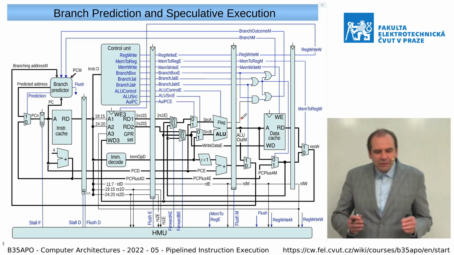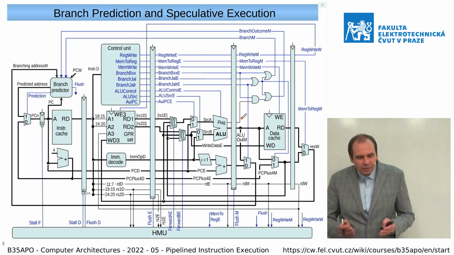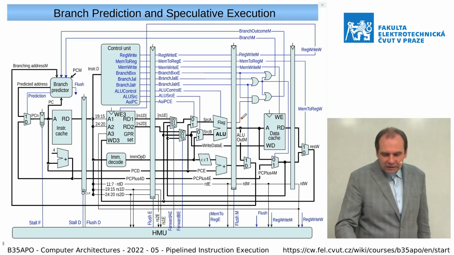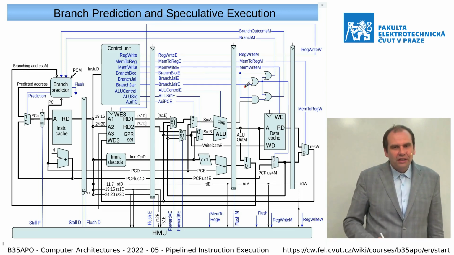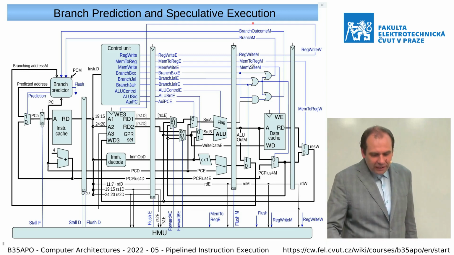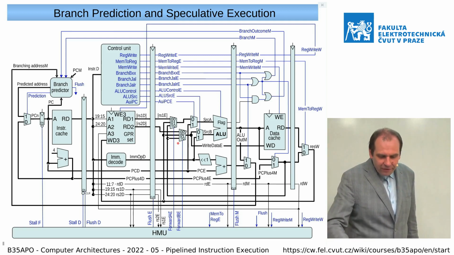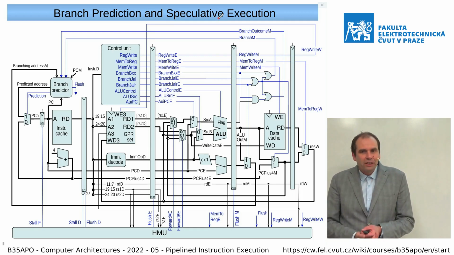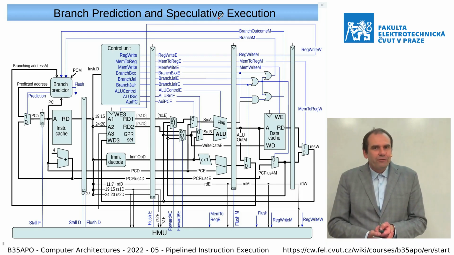So if you imagine this huge amount of instructions, and if you delay the actual decision about a branch target address to some later clock cycle, then in the previous stages you do not have a single instruction, but something like 50 instructions.